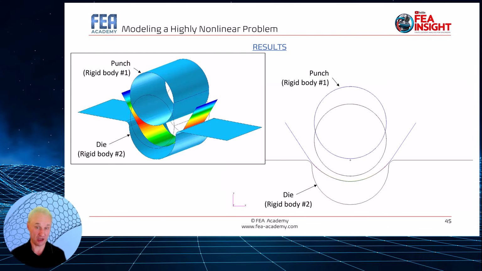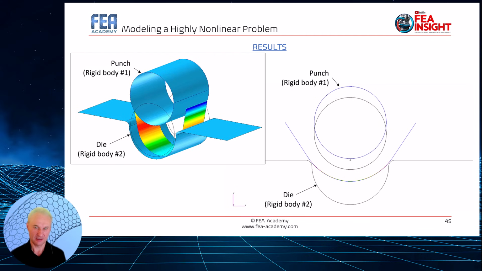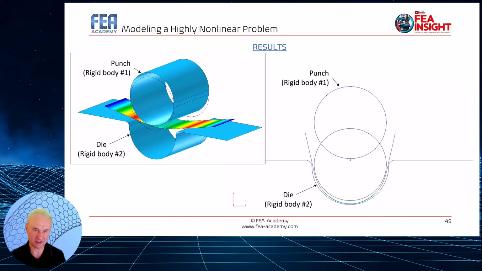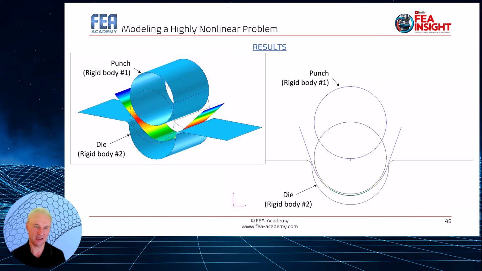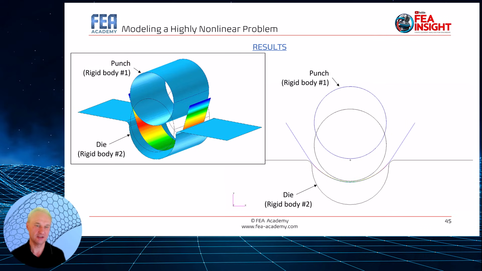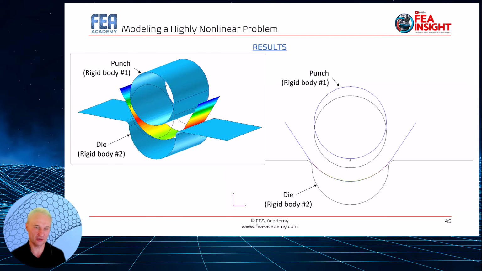When the punch goes up again, spring back of the sheet occurs, but it does not return to its original position owing to plastic effect. Let's see on the animation. You see the die, the punch go up, but the sheet does not retain the original position.